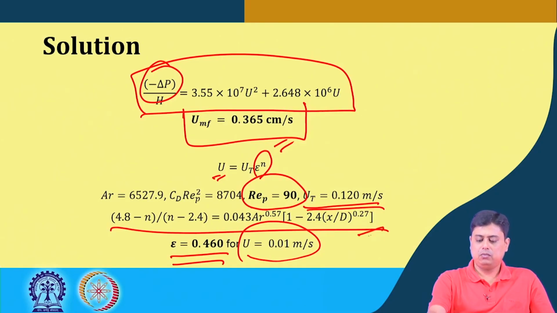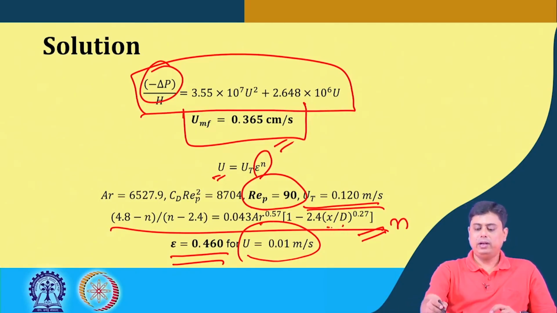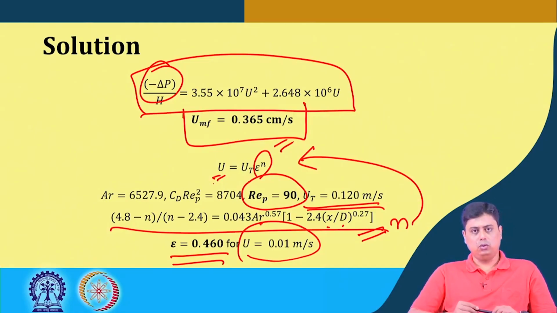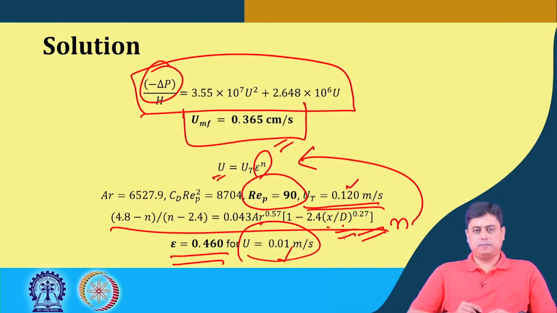So from this expression what happens is that we get the value of n, because all the other information are known. Once we calculate n, we apply here having this ut known and u also known, which gives us the value of epsilon, because ut here is this one, u is this one, and n we calculate from this expression.